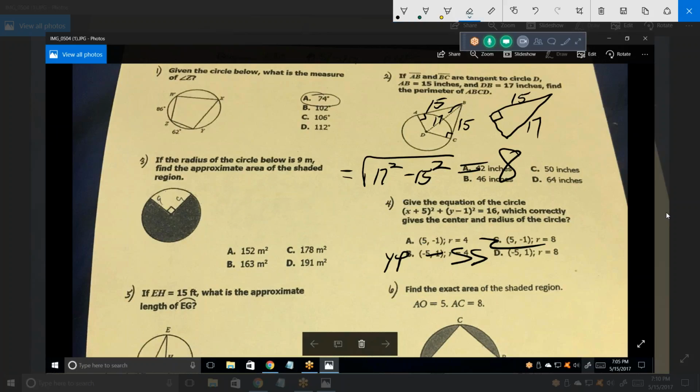Now, if that's 8, and it is, because that's one of your basic Pythagorean perfect triangles, what's the perimeter of that figure? 46. Correct.